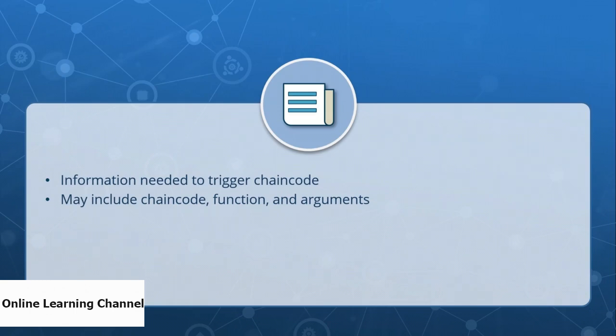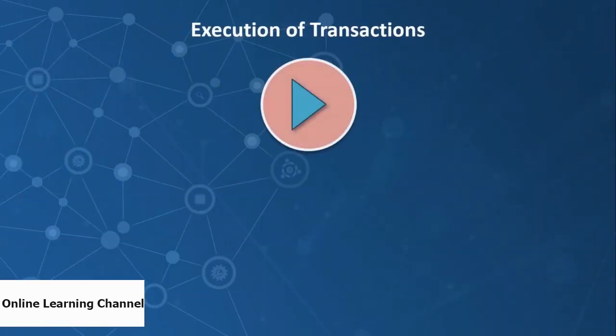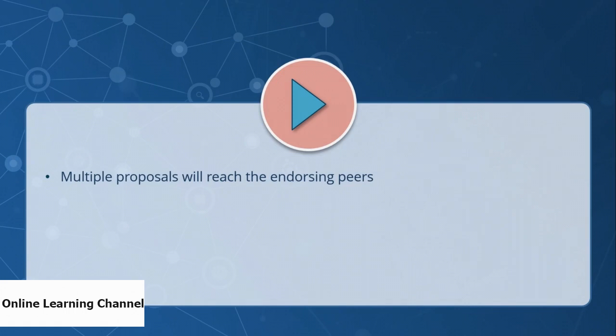So while we have discussed a single transaction proposal here, in reality, there will be multiple client applications connected to the Hyperledger Fabric network, and many of these will submit transactions at a given point in time. So an endorsing peer will have received not one, but several transactions. So what does it do with these transactions?